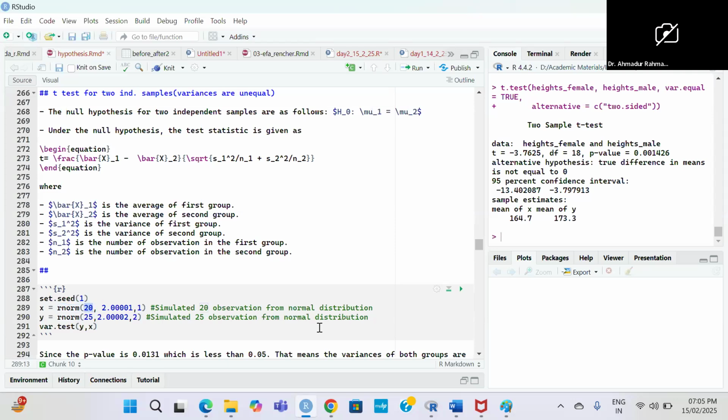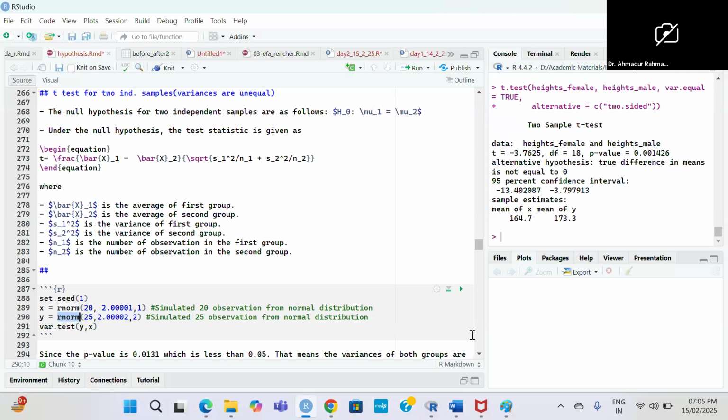The mean of these 20 observations is 2.00001, and the standard deviation is 1. Another variable y is also generated from the normal distribution.